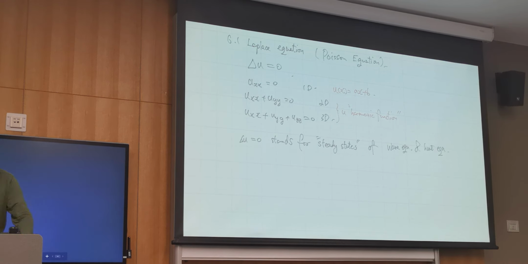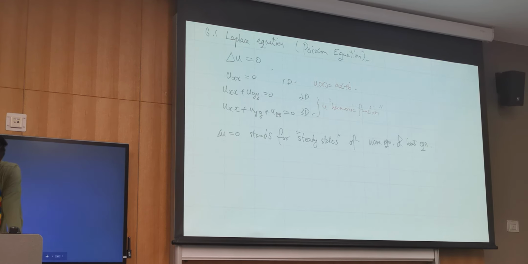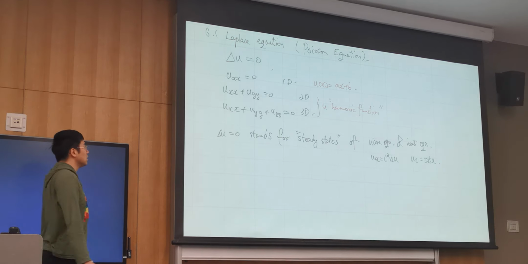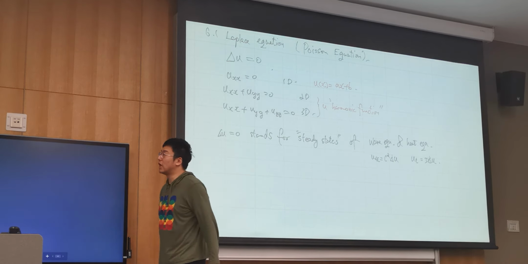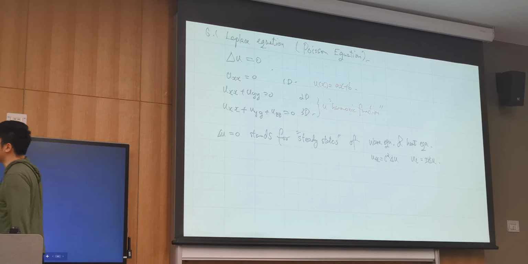Because the wave equation, heat equation, what is that? That's simply utt equals c squared uxx. Well, let's say in the 2D or 3D case, utt equals c squared Laplace u and ut equals d Laplace u, right? So again, when u is not changing in time, that means that ut is 0 and utt is also 0.